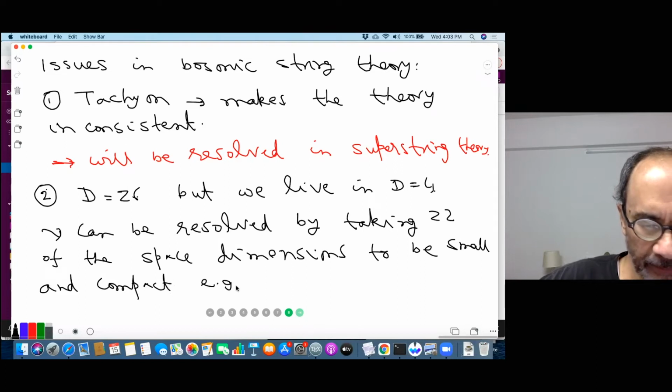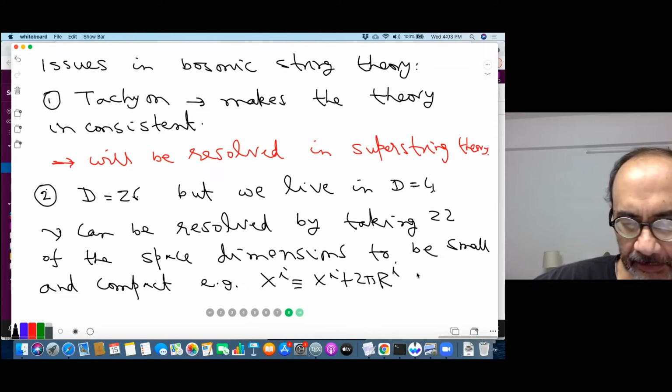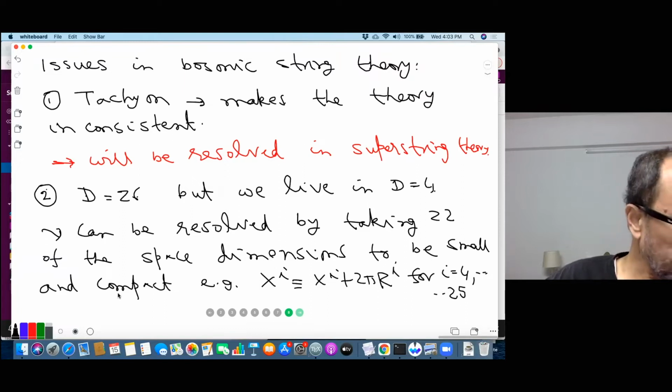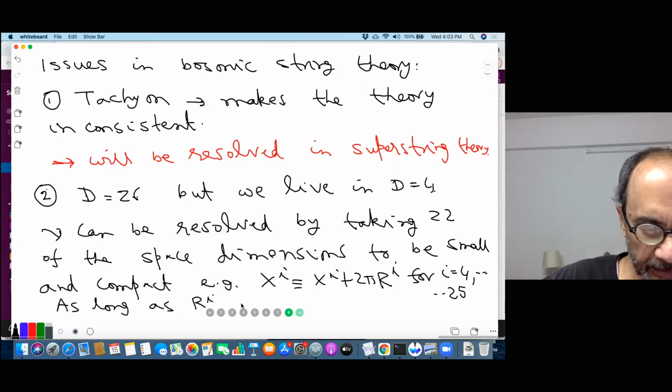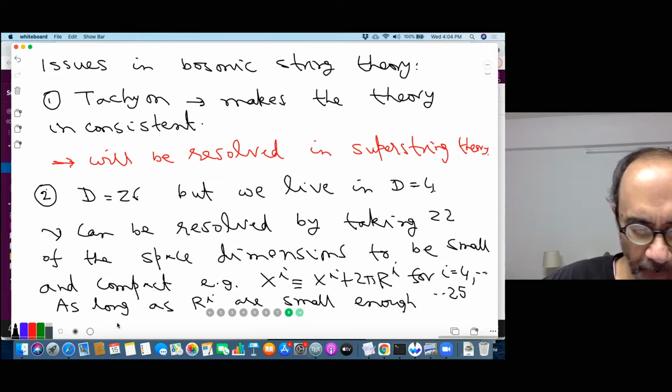Just to give an example, we can take each of them to be a circle, so we identify x^i and x^i plus 2 pi R_i, for some length R_i, for i equal to 4 to 25. So 0, 1, 2, 3 remain non-compact directions, and these become compact. The idea is that as long as the R_i are small enough, these dimensions are not observable.